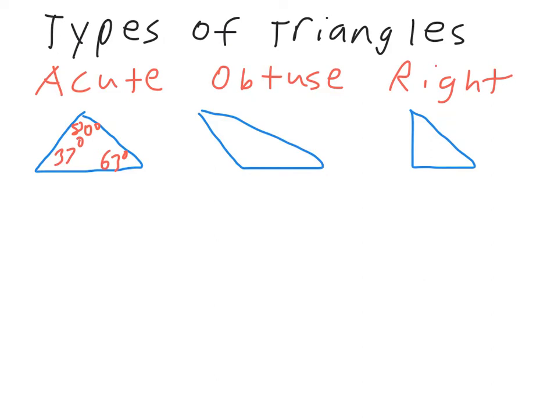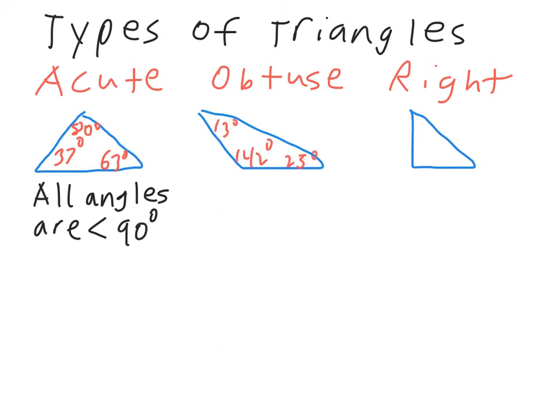Second of all, an acute triangle is one where all the angles of the triangle are acute angles. So, all angles are less than 90 degrees. An obtuse triangle is one that has exactly one obtuse angle.